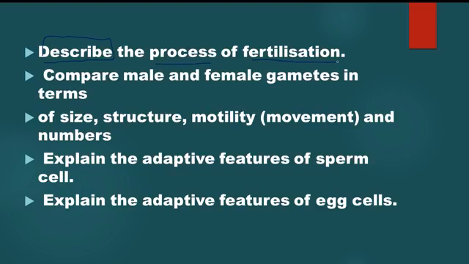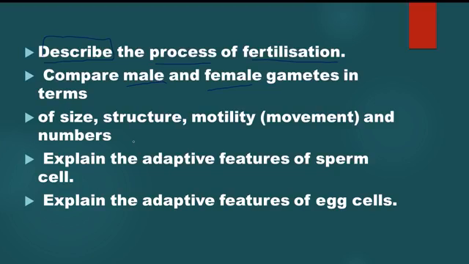So we have the definition of fertilization, and again we'll be looking at what it involves when we talk about fertilization in humans. Then we'll also look at the differences between the female and the male gametes, because we can ask you in our exams to give us the difference between the male and the female gametes in terms of size, structure, motility or movement, numbers. So we'll be asking you those parts.